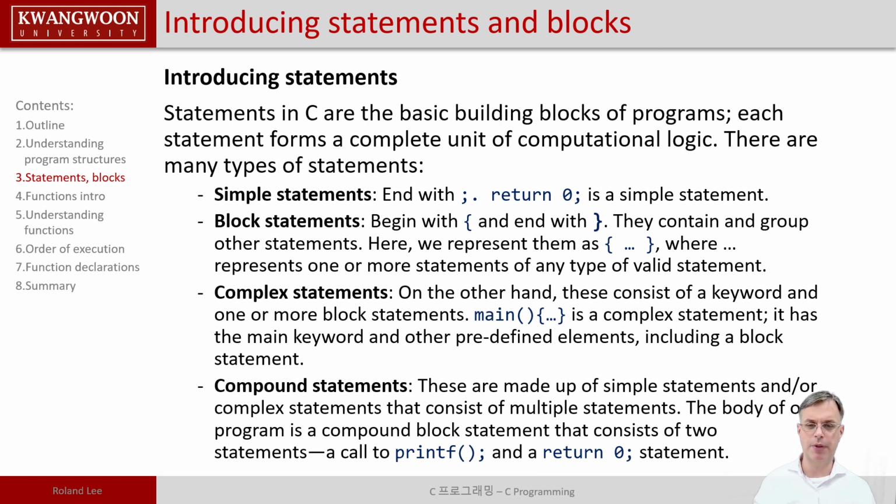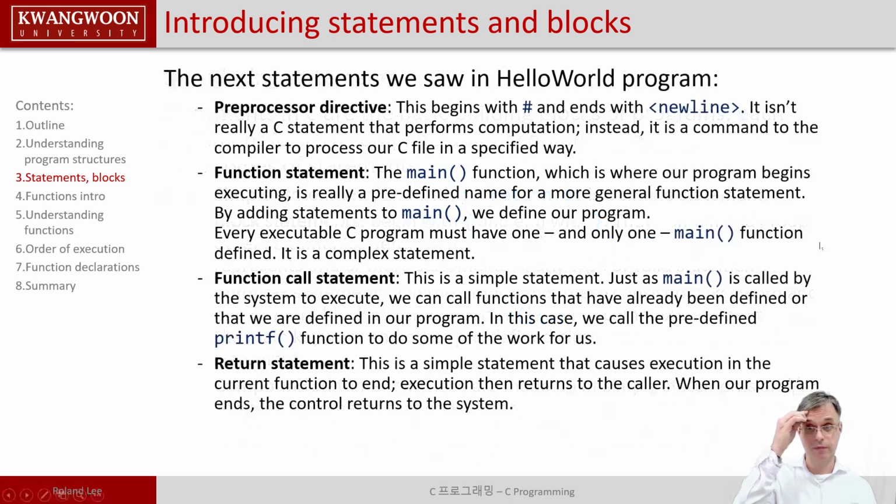The body of our program is a compound block statement that consists of two statements: a call to the printf function and the return 0 statement. In our Hello World program, the following are the kinds of statements we have already seen.